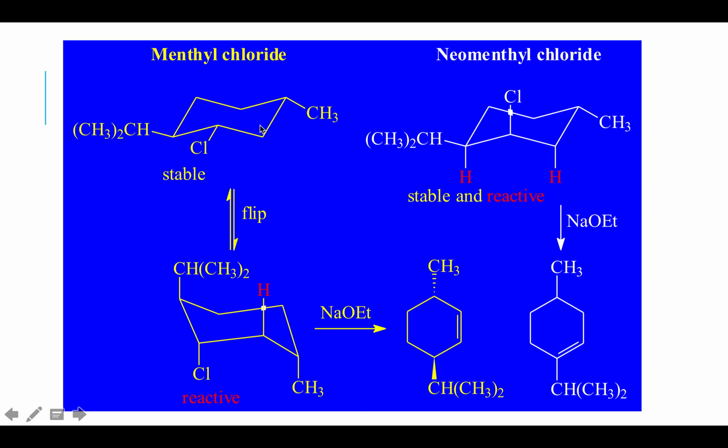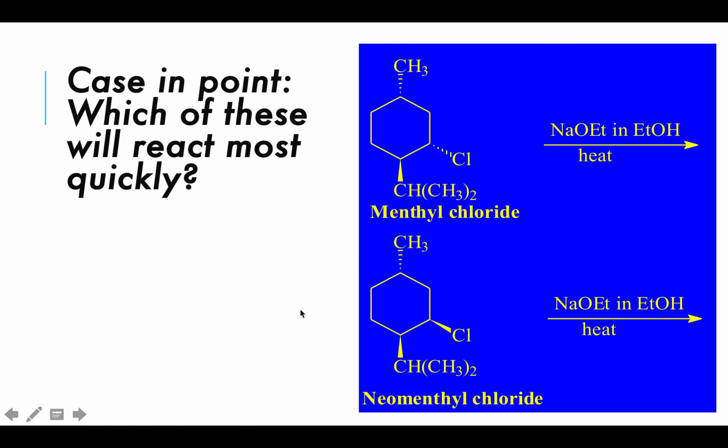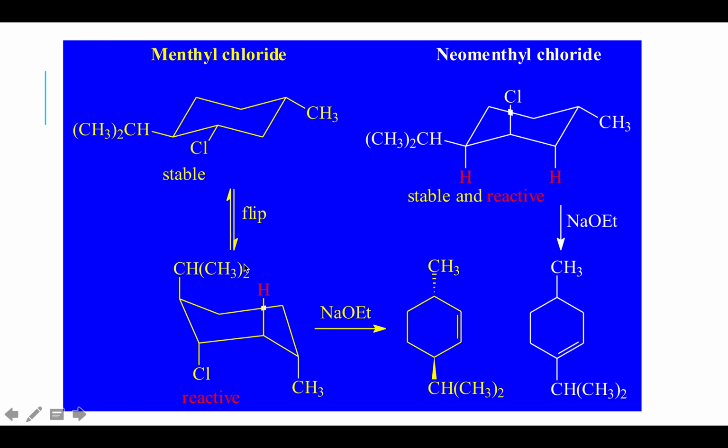So let's look at menthyl chloride. You draw it in its chair position. Isopropyl is up, methyl is down, chloride is down. Look at the structure here. Up was wedge, down, dash, down, dash.